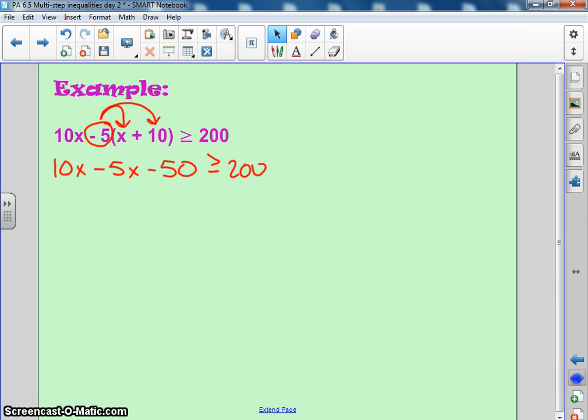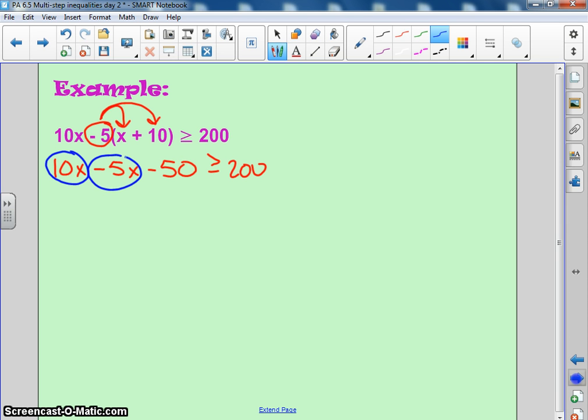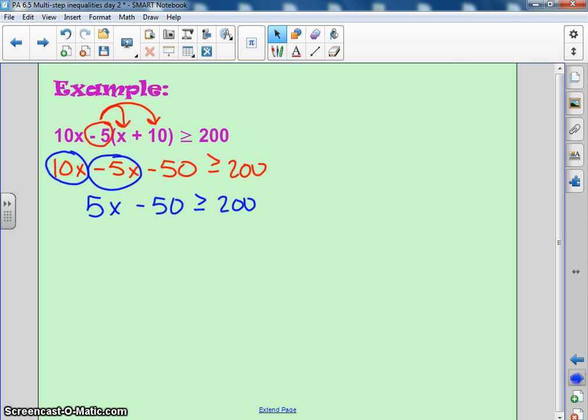Now before I can continue, I have to combine like terms. I have a positive 10x and a negative 5x on the same side. If they're on the same side, I just combine them together. Positive 10, negative 5 becomes positive 5x minus 50 greater than or equal to 200. And now I can just solve like we did yesterday.